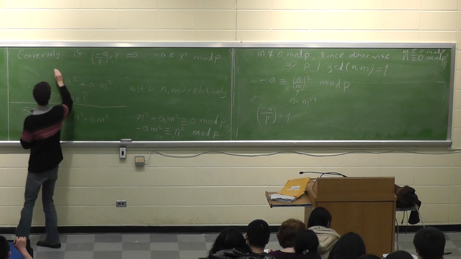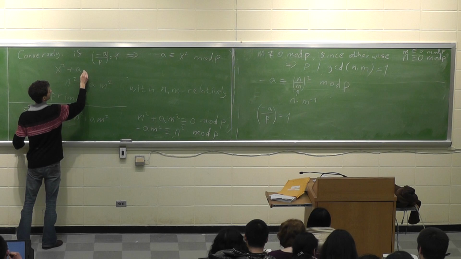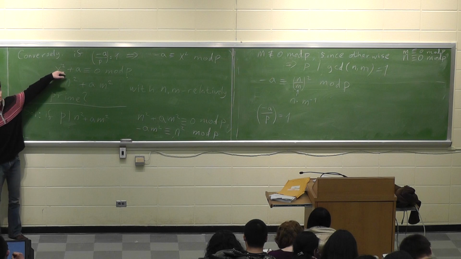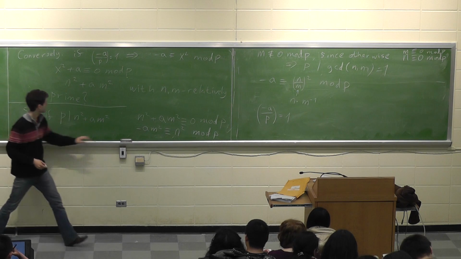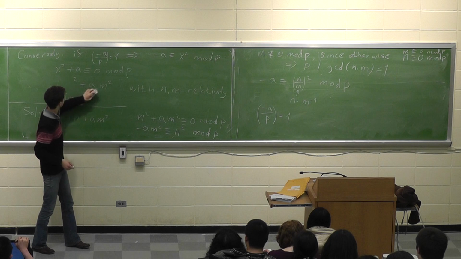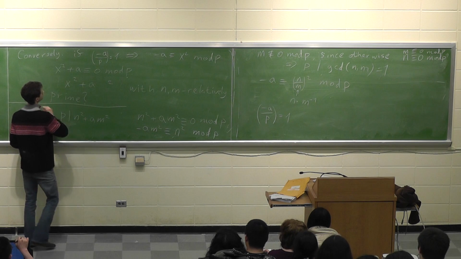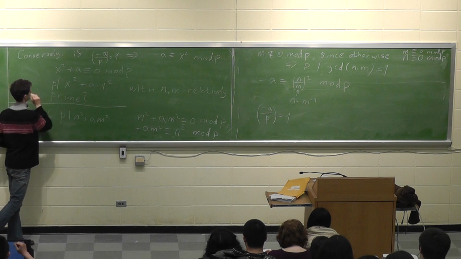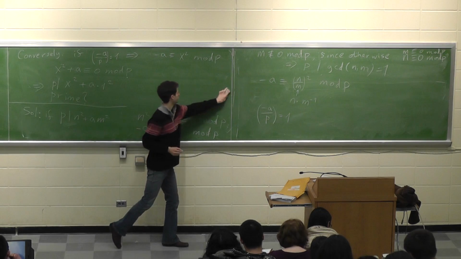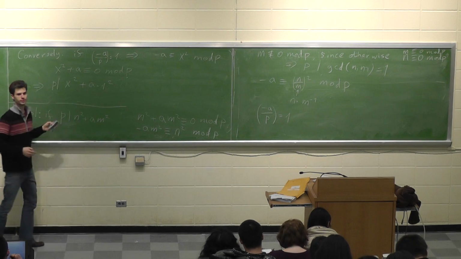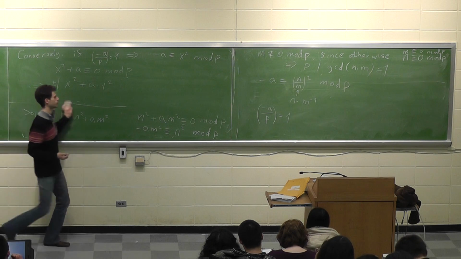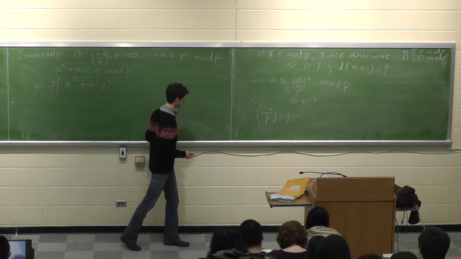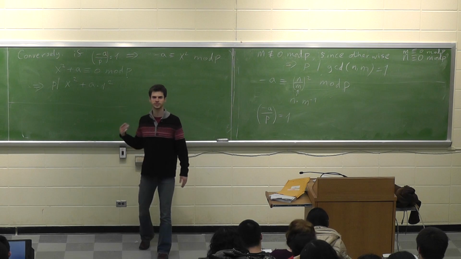But then x squared plus a is congruent to 0 modulo p. But this number is of such form. It is x squared plus a times 1 squared. So p is a divisor of such a number. And of course, x is relatively prime to 1. Every number is relatively prime to 1. So we got a complete answer.